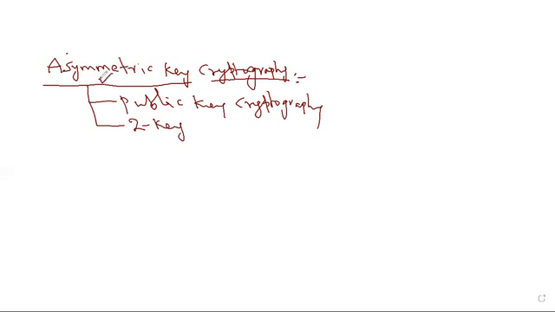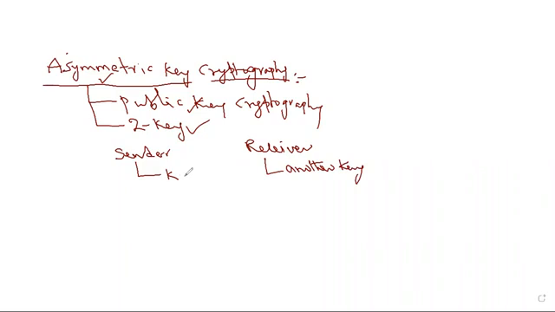So, either asymmetric key cryptography, public key cryptography, or two key cryptography. There are two parties for communication, the sender and the receiver. If the sender uses one key, the receiver must use another key.